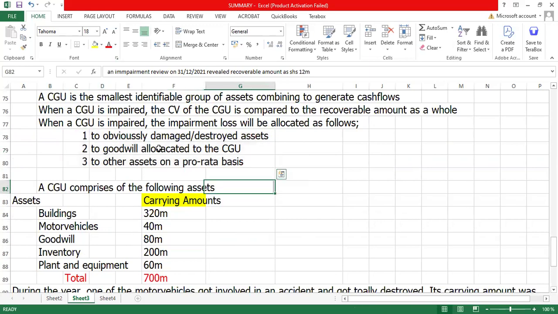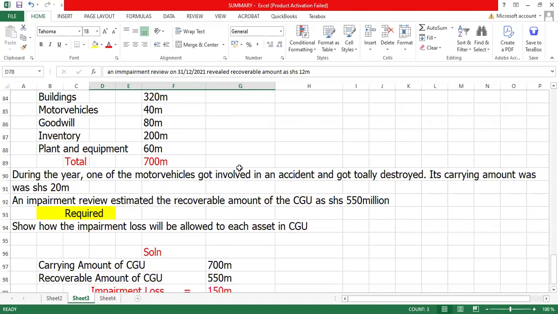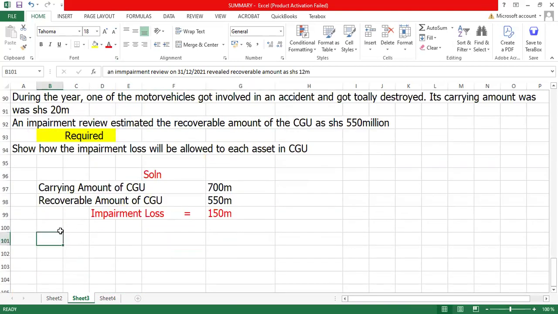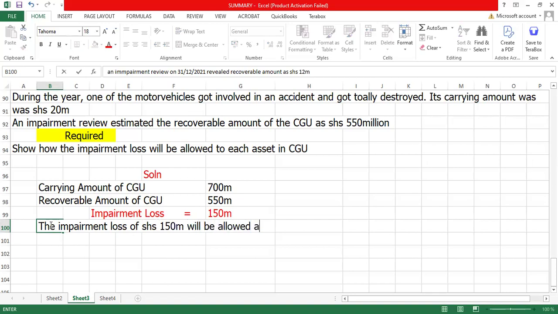So the impairment loss of shillings 150 million will be allocated as follows.